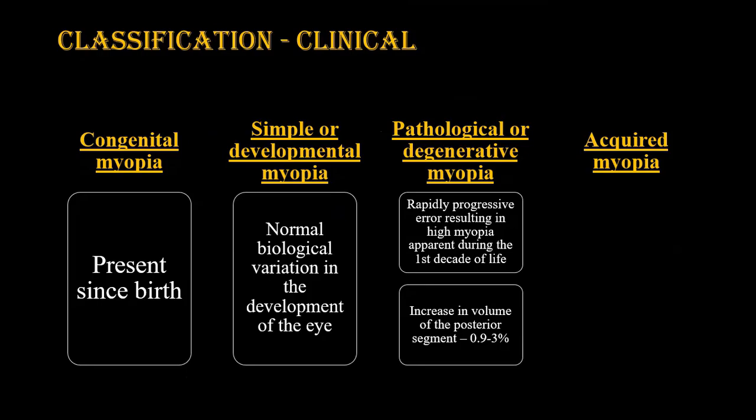Pathological myopia is due to rapidly progressive error, apparent during the first decade of life. It's due to increase in volume of the posterior segment. It's seen in 0.9 to 3% of the population. Then acquired myopia includes index myopia, pseudomyopia, and consecutive myopia. Now our topic of interest will be more on simple or developmental myopia.